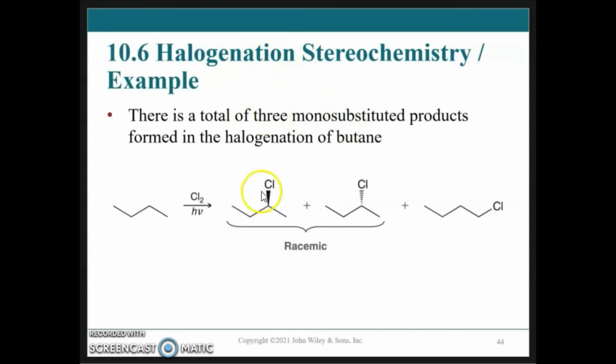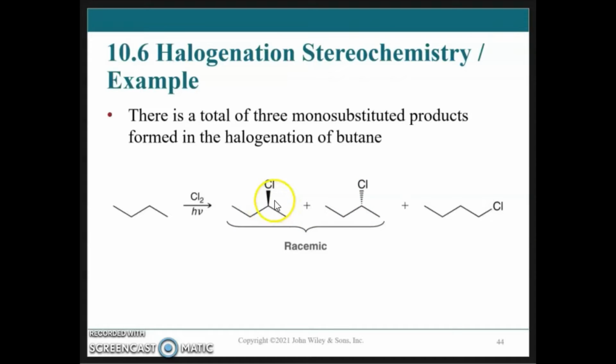If we look at this example of butane, the secondary carbon position is the favored position for reaction because the secondary carbon radical is the most stable. Therefore, this bond is the easiest to break, and we will form a racemate.